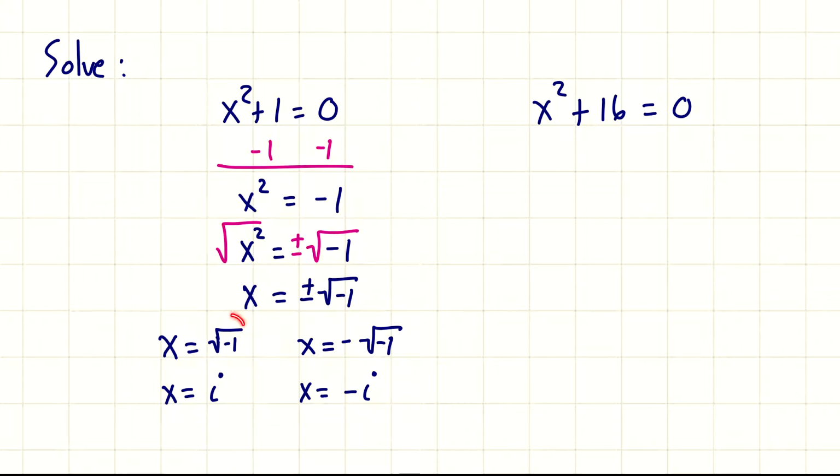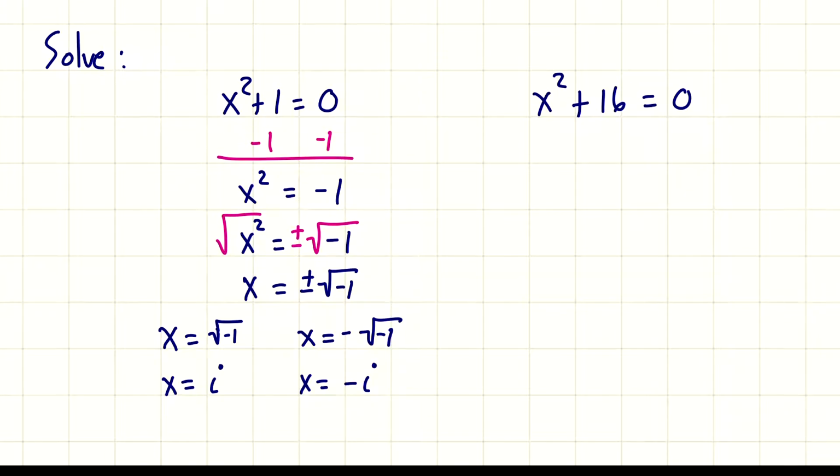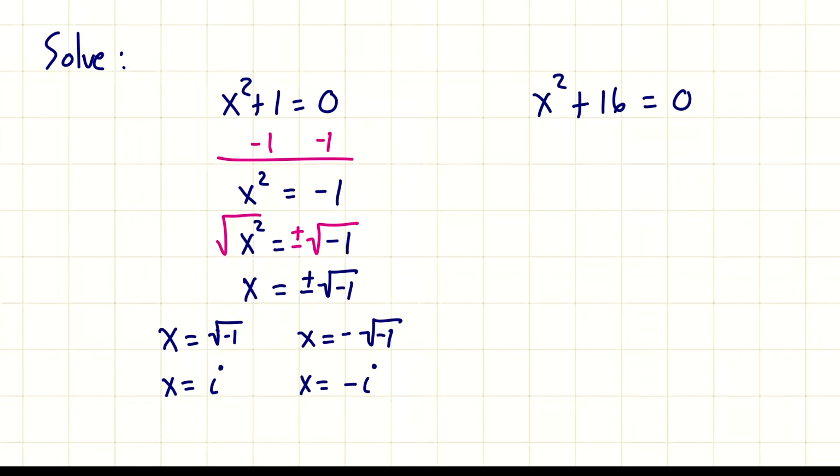I can replace this square root of negative 1 with the letter i, and I can replace this square root of negative 1 with the letter i. You'll notice this negative in front still stays there. And now I have two solutions. These are the solutions to this problem. They just happen to be imaginary numbers. That's the only difference.